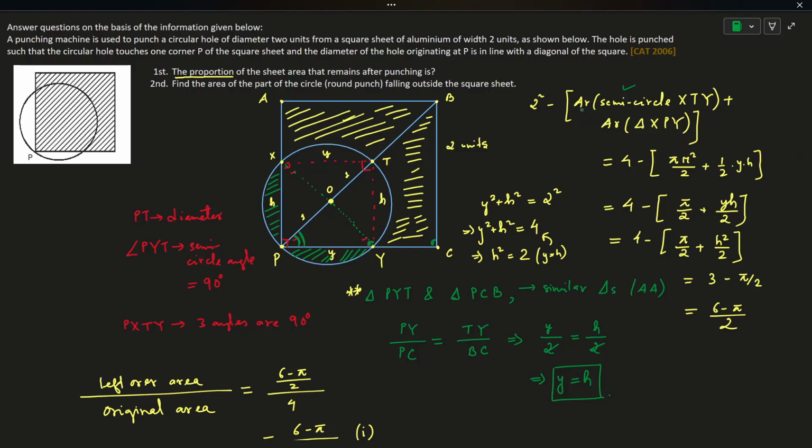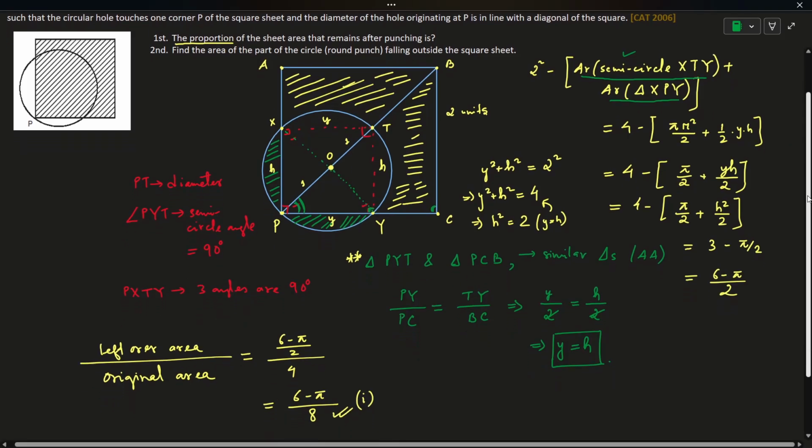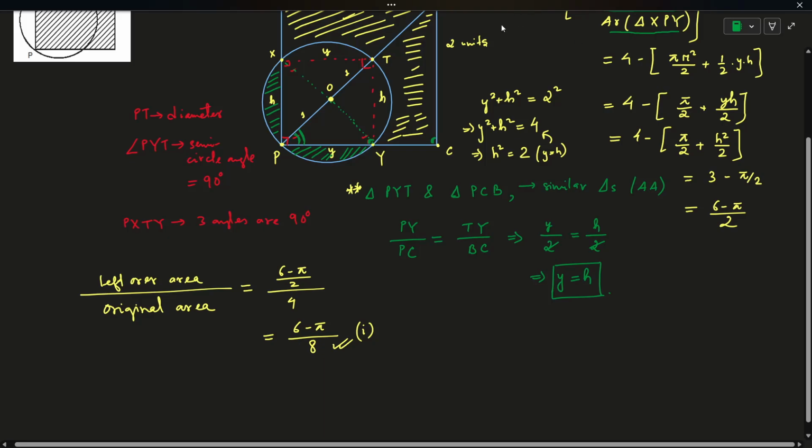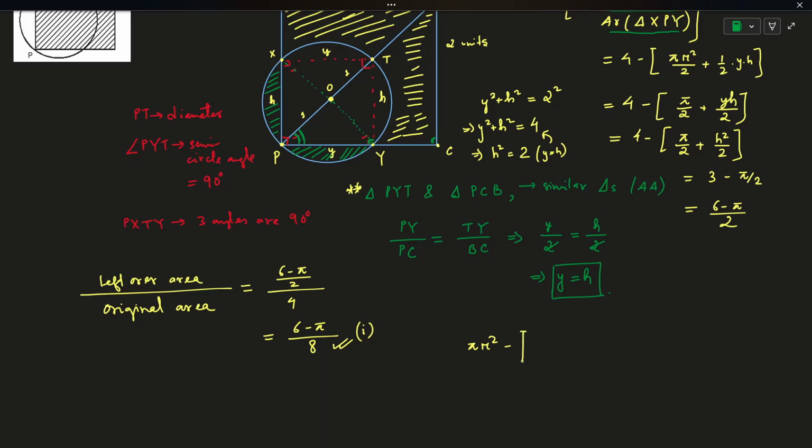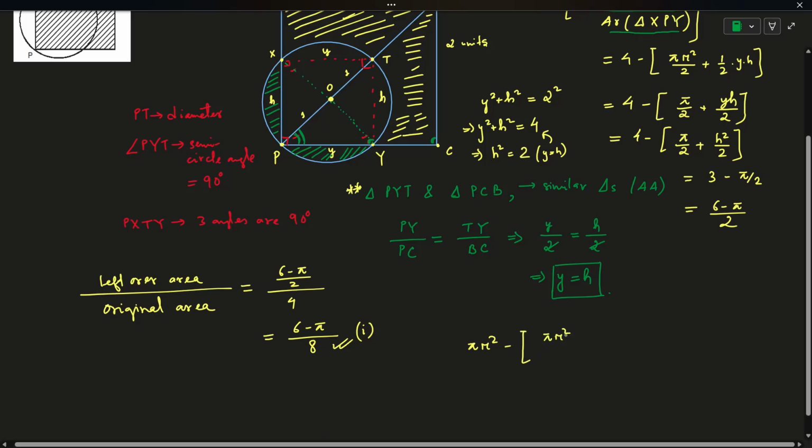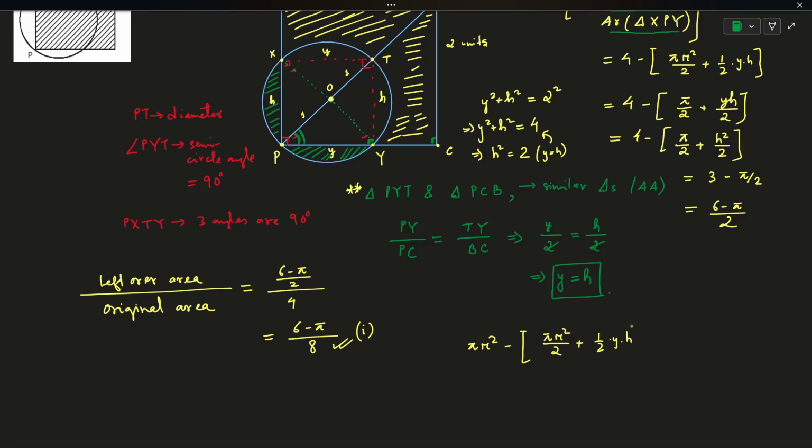I will repeat again, guys. I have area of semicircle XTPY. I also know the area of triangle XPY, right? And if I subtract these two areas from the area of the circle, then I will be left with the area of the green parts. So what is the total area? Total area is pi r square, and I have to subtract pi r square by 2 plus half into base into height.